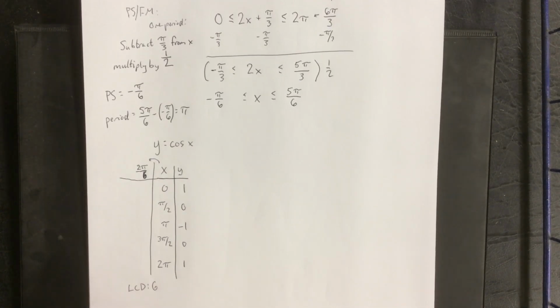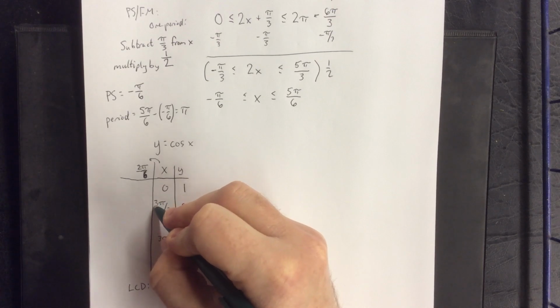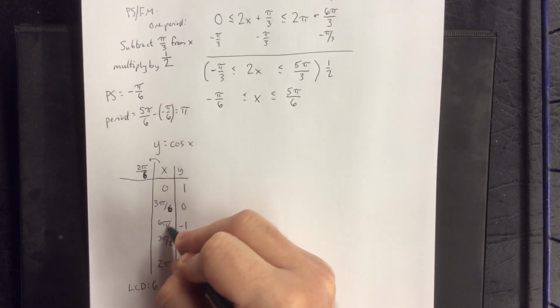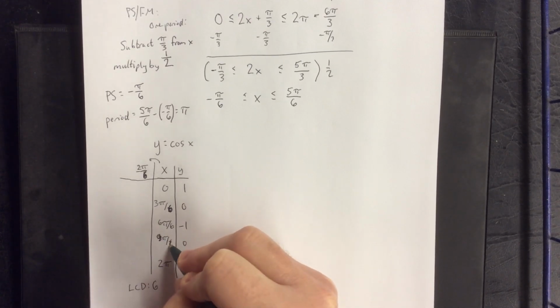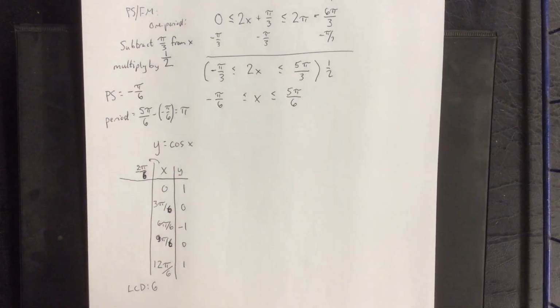I don't think I'm going to be able to do that for all of these, but what the heck, let's try it. So this will be 3 pi over 6, 6 pi over 6, 9 pi over 6, and 12 pi over 6. Oh man, that last one worked out really well, didn't it?